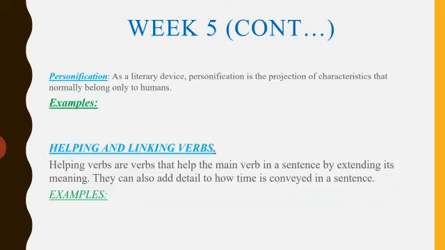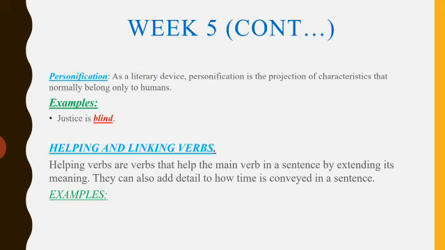We have personification. So, personification is a literary device. A personification is the projection of characteristics that normally belong to only humans. That is, human characteristics used for non-human things or animals, so we call them personifications.